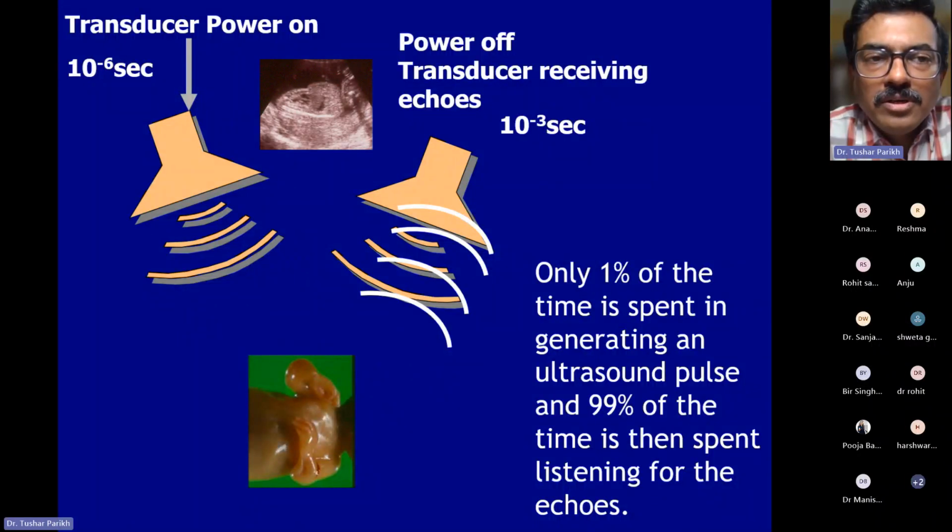This is the time required to send one impulse, and after that it waits 10 raised to minus 3 seconds, so 1000 times longer, for hearing the returning signal. So only 1% of the time is spent in generating the ultrasound pulse, and 99% of the time is taken to listen for the echo. The probe makes a sound and waits patiently for a long period to see what is coming back from the tissues.